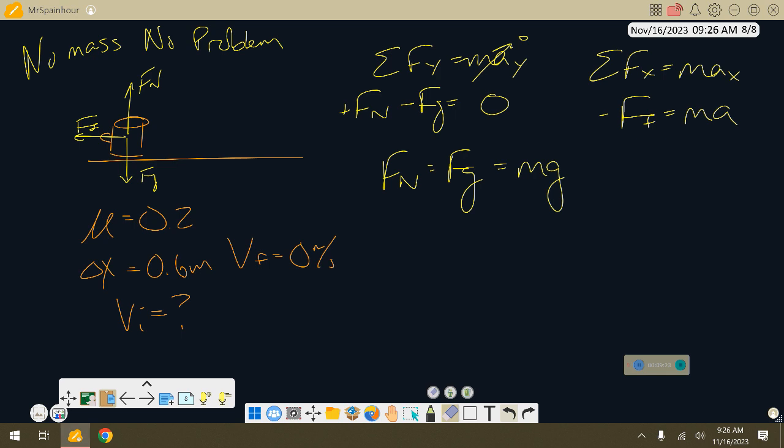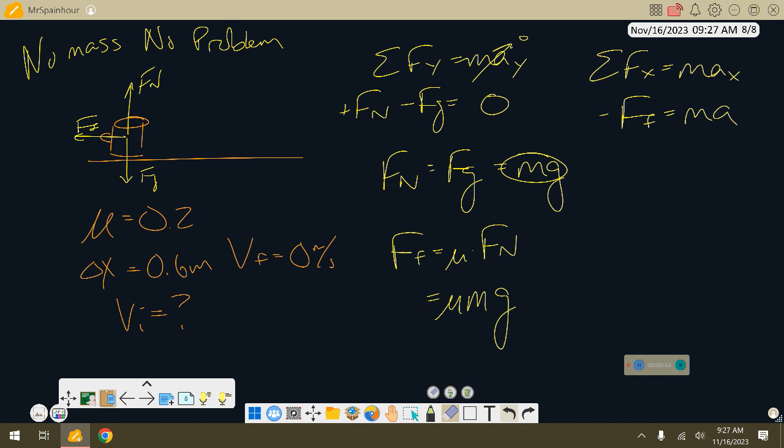What would you do right now if you had a number for force normal? Correct. You would use the equation, force friction equals mu times force normal. And force normal is equal to this right here. So you would say force friction is equal to mu times m times g. Wait, what did we just do? We said force normal is equal to mg.